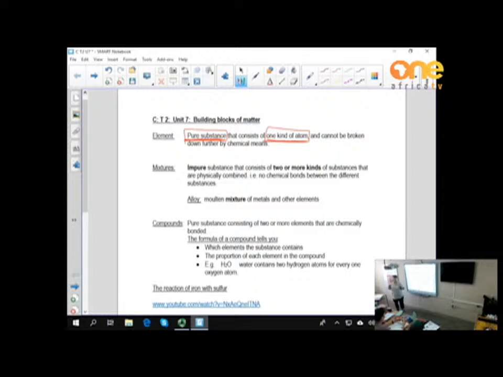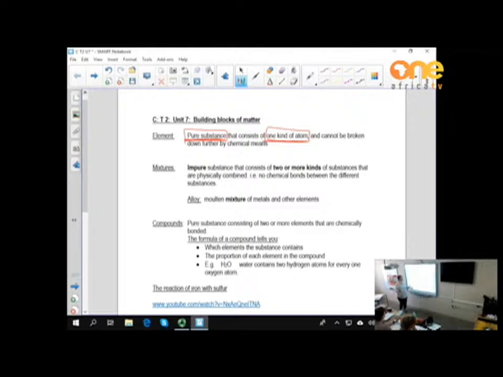If I broke an atom of sodium apart, and I put all the protons in a bucket, all the neutrons in a bucket, and all the electrons in a bucket, and then I took an atom of gold, broke it apart, and threw its protons into the same bucket with the other protons, the neutrons into the neutron bucket, and the electrons into the electron bucket, and then I picked up a proton from the proton bucket, I wouldn't be able to say from which element it came. You understand? So, technically speaking, when we talk about the particles that matter is made up of, we don't go to the subatomic level. We then say that an element cannot be broken down by chemical means.